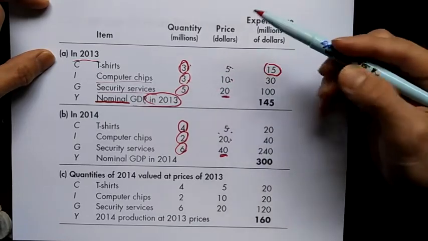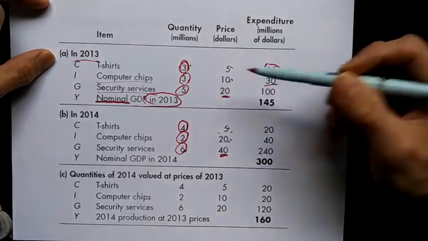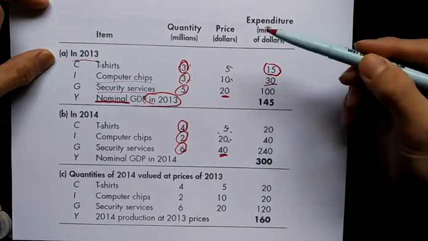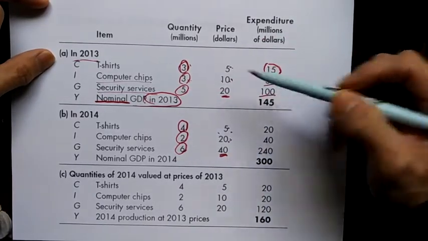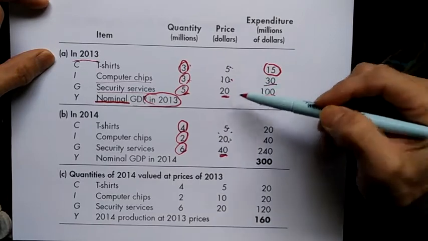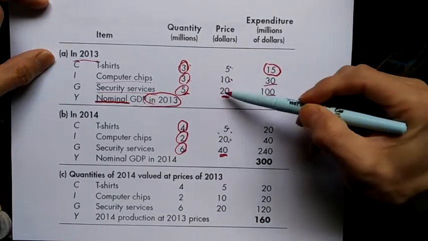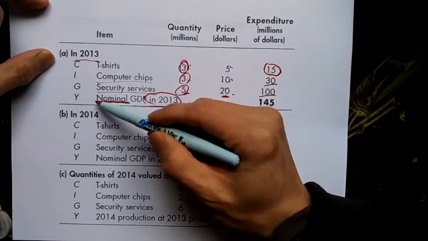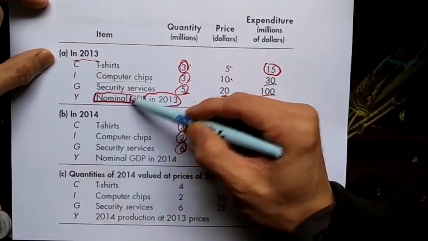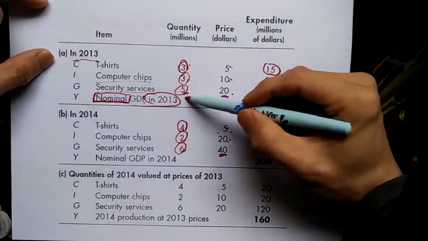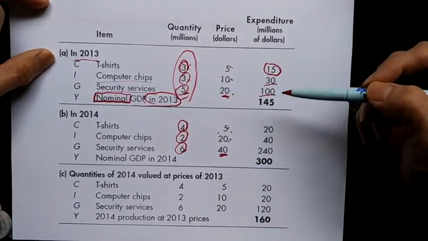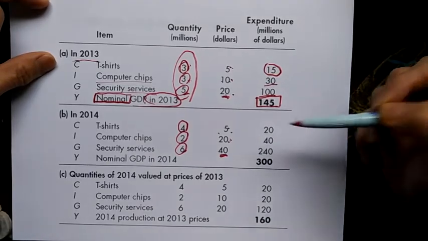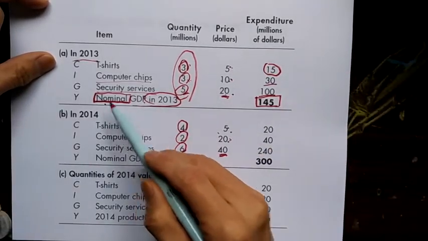For those 3 chips, the market value is $30, $10 each. For those 5 services, the market value is $100. Therefore, the market value of these productions is $145, which we call the nominal GDP.